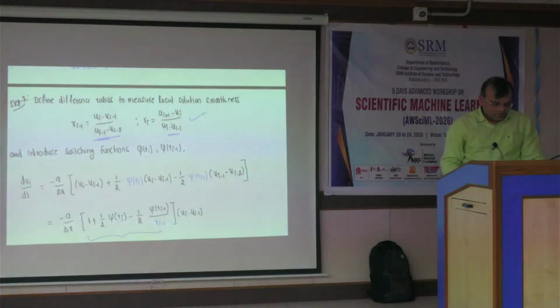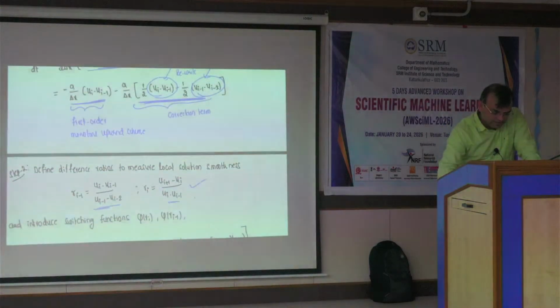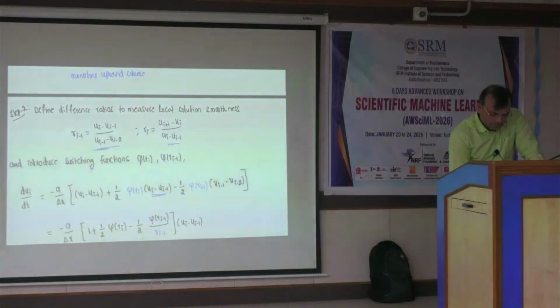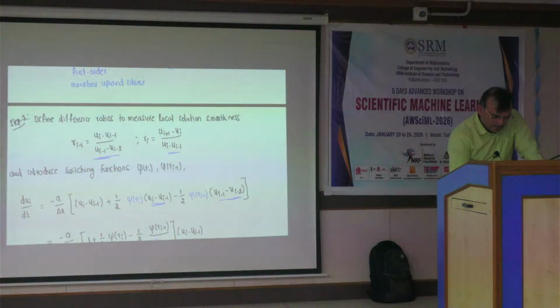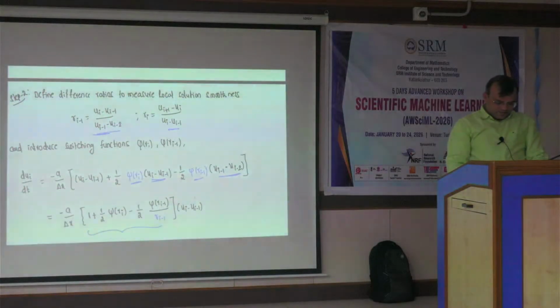So now we are rewriting this equation in terms of Ri. Taking ui minus 1 and ui minus 1, ui minus 2, I am bringing in some kind of functions, psi of Ri and psi of Ri minus 1. This is Ri minus 1 and Ri.